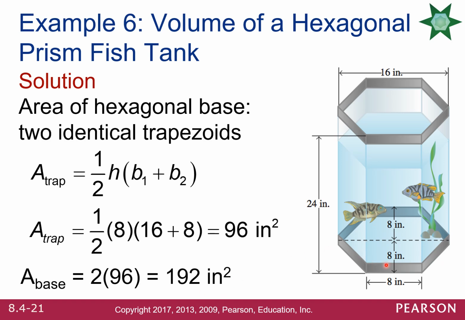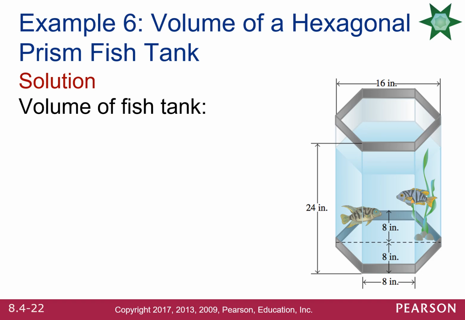That represents the entire area of the base of the fish tank, the hexagonal base of the fish tank. All right. So now that we know the area of the base of the fish tank, all we do is multiply the base by the height of the tank, and we should get the volume.